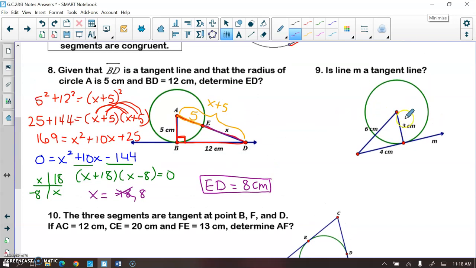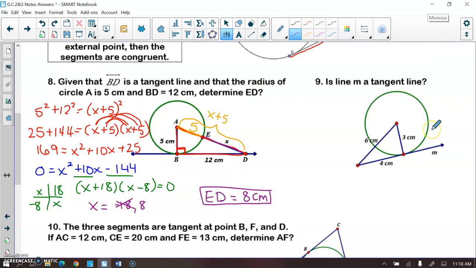Now my next one asks, is line M a tangent line? So what we're going to do is use the converse of the Pythagorean theorem to see if this is a right triangle. So A is your smaller side, B is your middle side, C is your largest side. So if I do A squared plus B squared, does that equal C squared? So I have 9 plus 16. Does that equal 36? 9 plus 16 is 25.